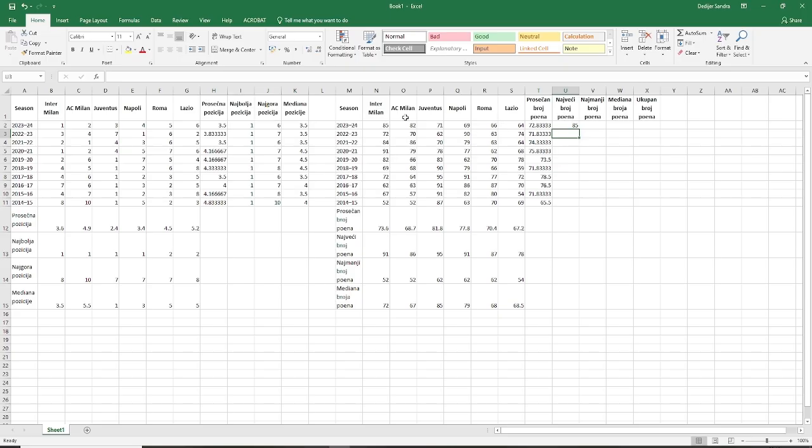We apply this formula to calculate the maximum number of points for other seasons as well by dragging. The season where the champion had the fewest points was 2019-20 with 83 points, while the most dominant was season 2017-2018 with 95 points.